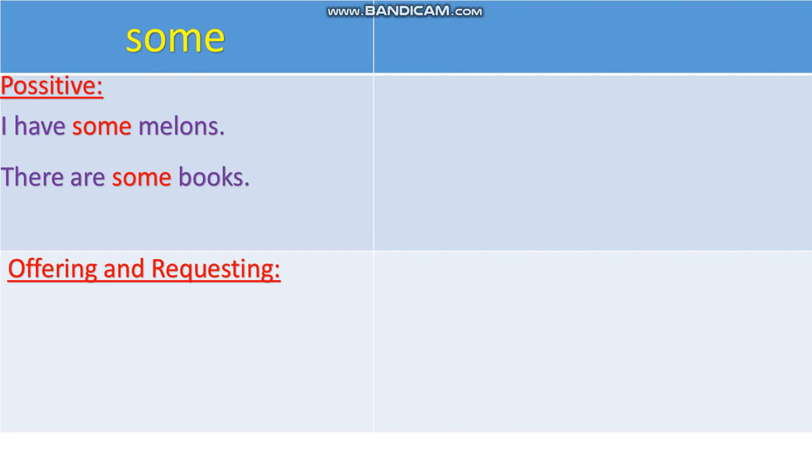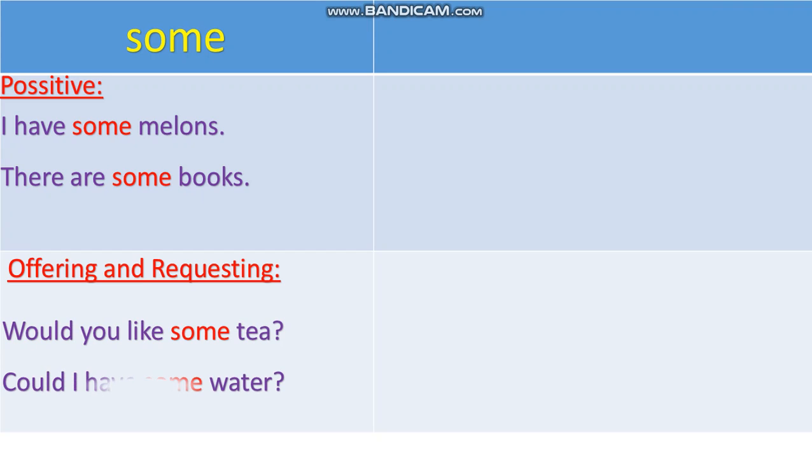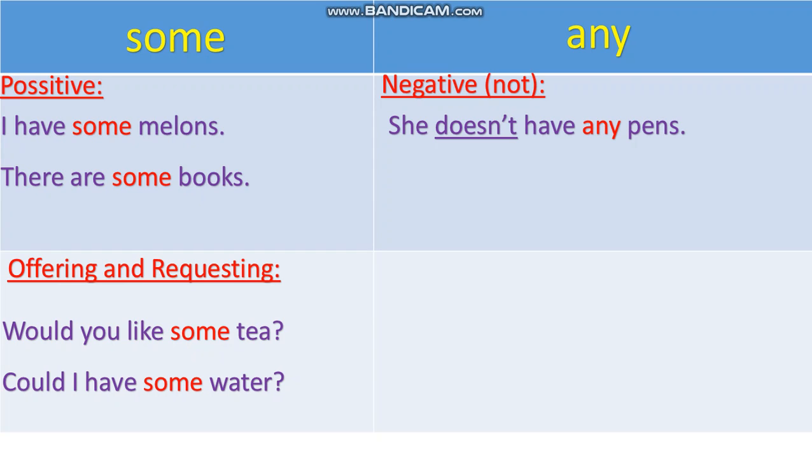Or for offering and requesting. Example, would you like some tea? Could I have some water? With any, we can use it in negative sentences. She doesn't have any pens. There aren't any oranges.